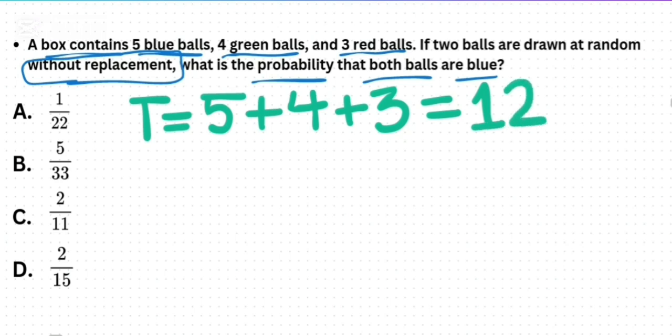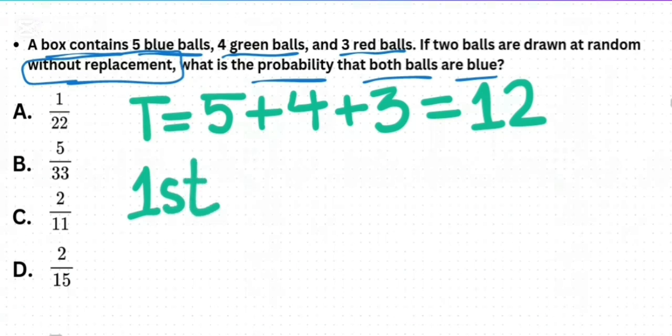So we now calculate the probability of drawing the first blue ball, because in the question they are asking what are the chances that both balls are blue. So firstly we will draw the first ball, which is the first blue ball, which is also a favorable outcome.